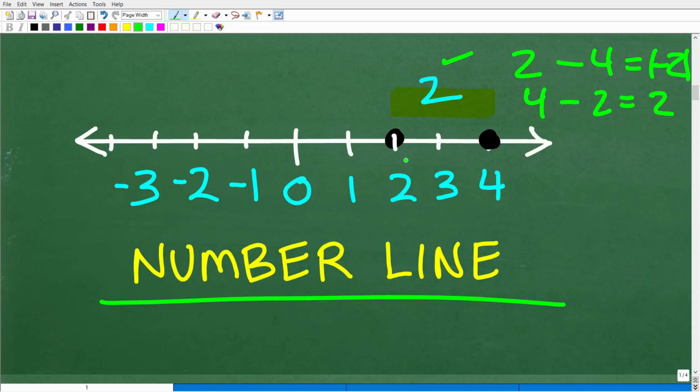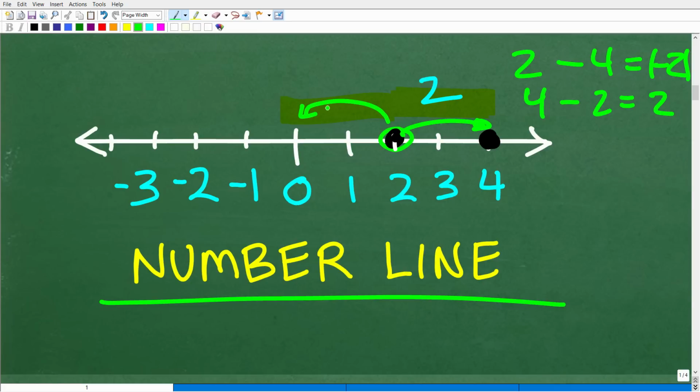Now, from 2, we have 2 as a distance away from 2, and I should probably use a different example here because this is a bit confusing, but what number is 2 units away from 2? Well, 4 is, right? But there is another number because we can measure 2 units in this direction, right? So 2 units in this way.